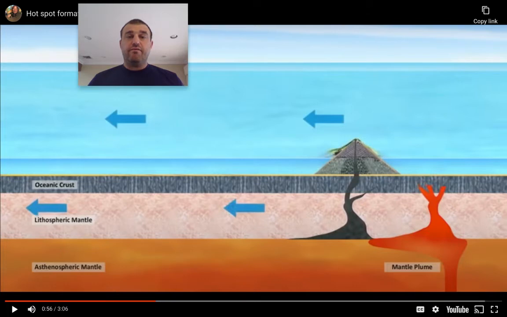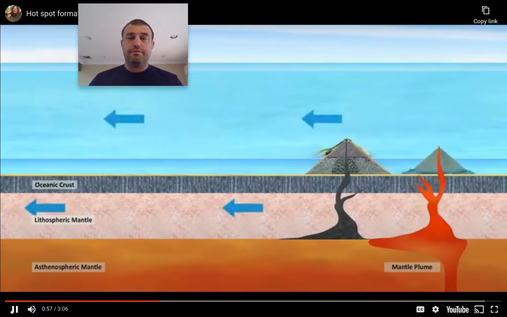So now that first island has moved enough that it is far away from the mantle plume, the mantle can't feed that island with lava anymore. So we would consider that an extinct volcano. But that mantle plume is still coming up, so a new island can be born. Island grows in its place over the plume.